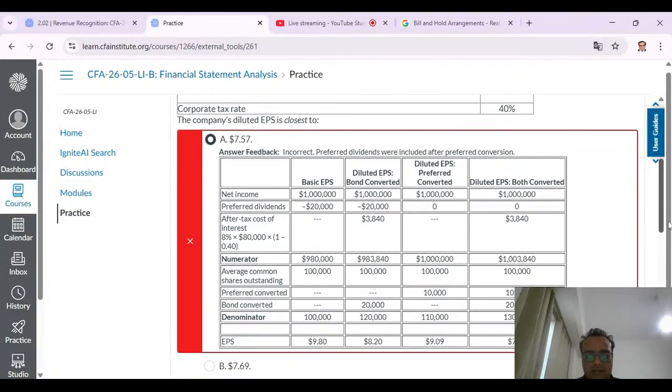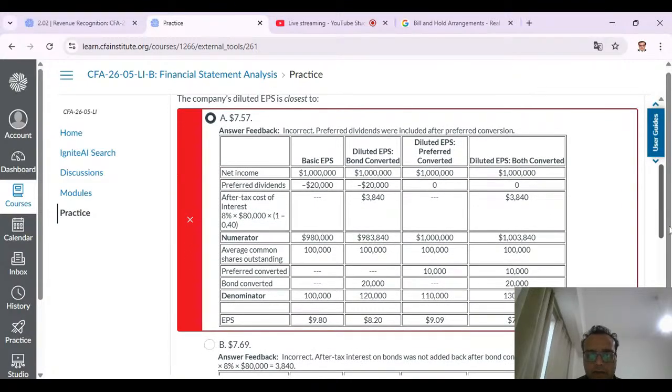Basic EPS, diluted EPS bond converted, diluted EPS preferred converted. Net income is 1 million, 1 million, 1 million. Preferred dividend is 20,000. दोनों में मेरे को negative 20,000 करना पड़ेगा. After tax cost of interest is equals to 1 minus tax rate, numerator मेरा हो जाता. इतना benefit मेरे को tax पे मिल रहा है, but वो tax पे अब मिलेगा नहीं.